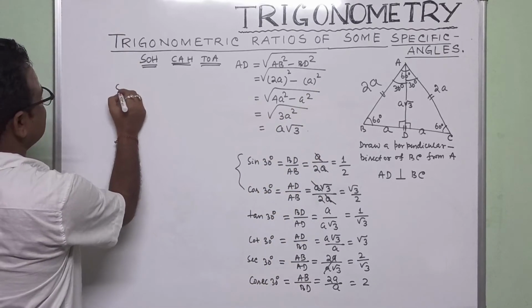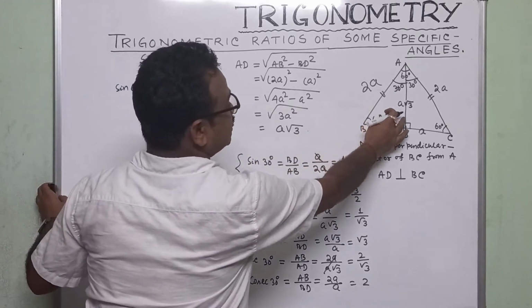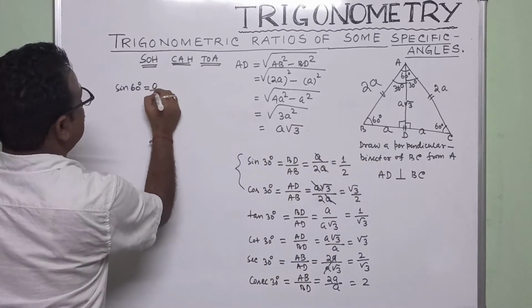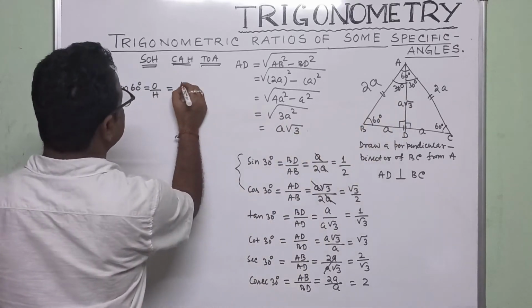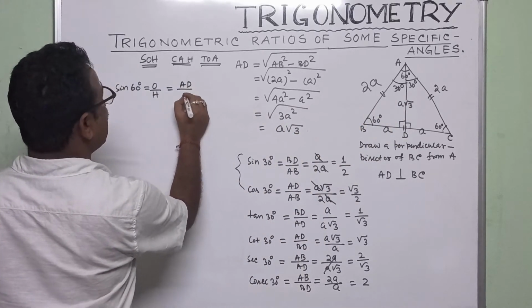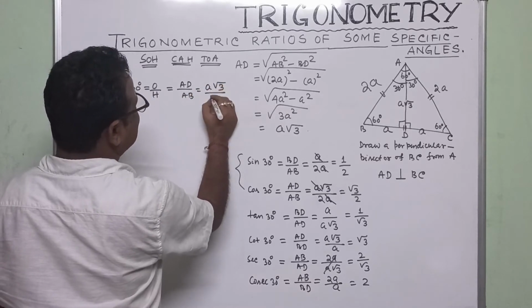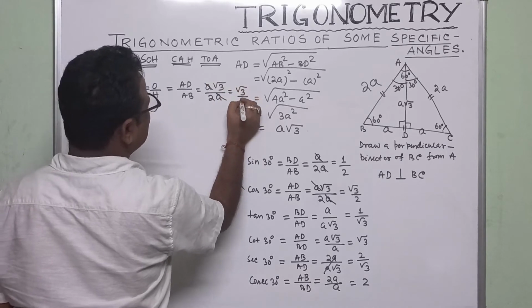Now see, sin 60 degree, opposite AD by hypotenuse AB is equal to A root 3 by 2A, A cancelled, is equal to root 3 by 2.